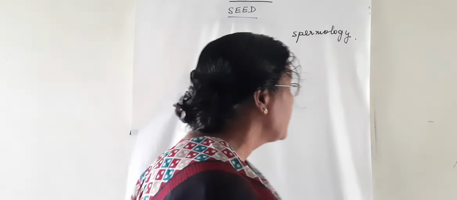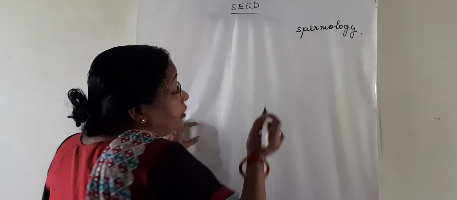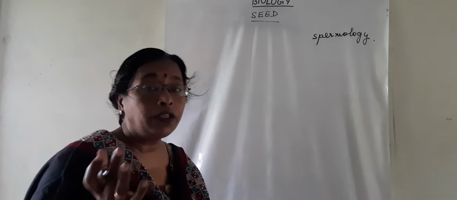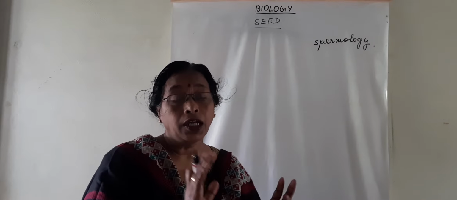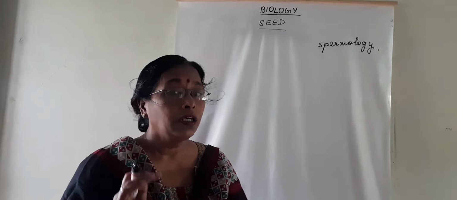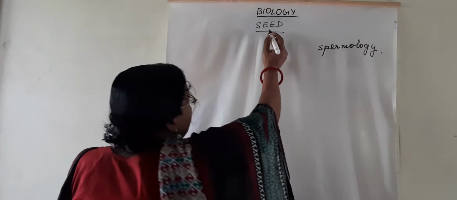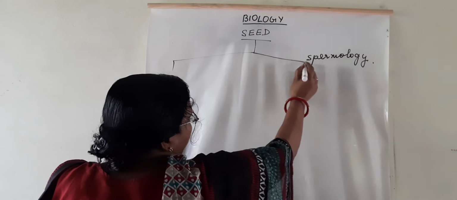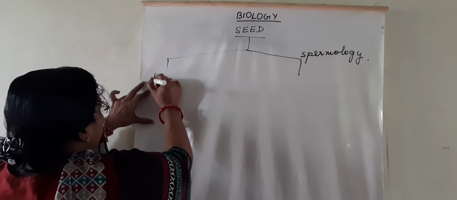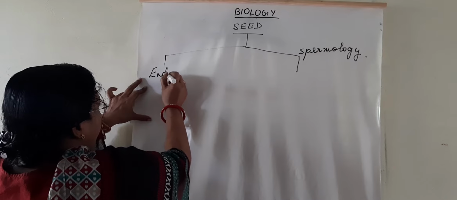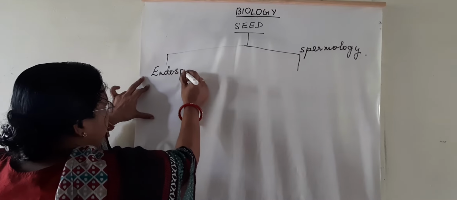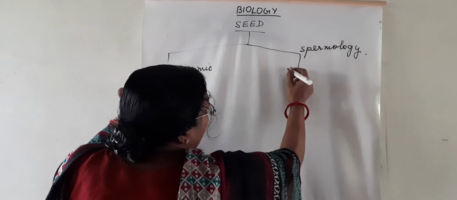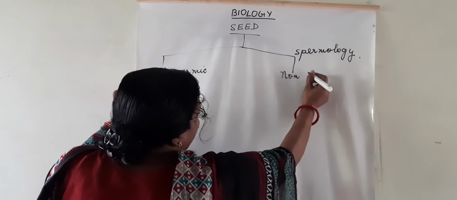Now coming back to the seed, we all know seed is of two types, monocot or dicot. Both monocot and dicot seeds can be endospermic or non-endospermic. So seed can be of two types: endospermic or non-endospermic.